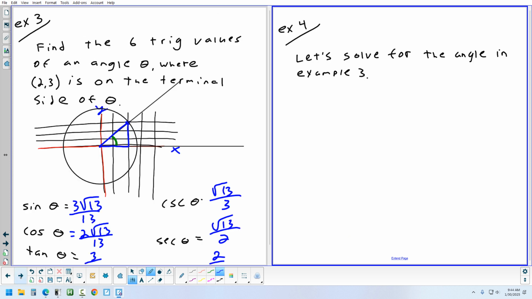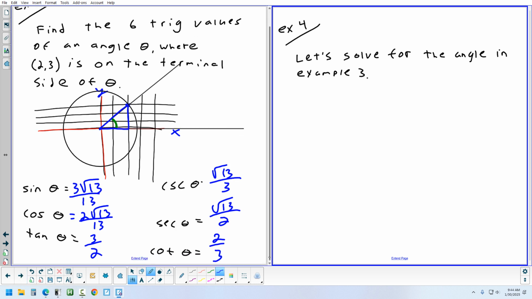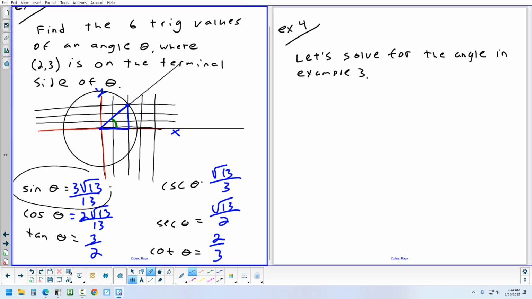Right, so now, how big is the angle? Any one of these is enough information to figure out the size of that angle. Let's take this one. The sine of theta equals 3 root 13 over 13.